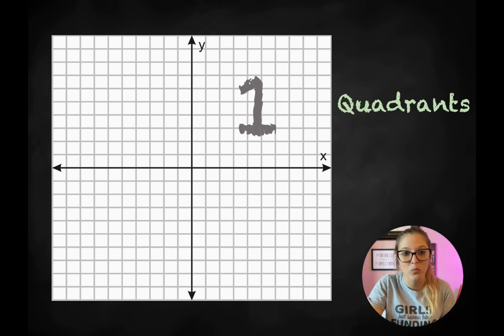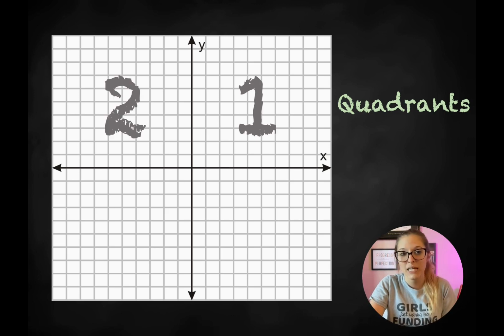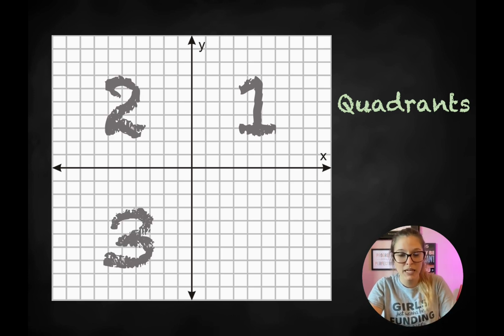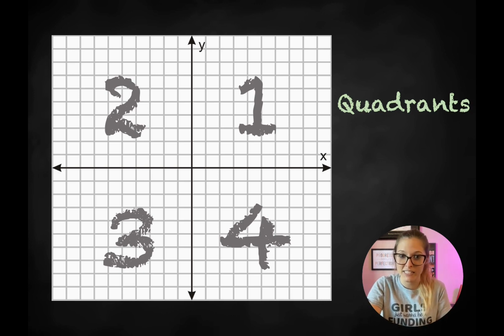So this top right portion we call quadrant 1, then to the left of that is quadrant 2, below that is quadrant 3, and to the right of that is quadrant 4. For example, I could tell someone to look at the part of a curve that lies in quadrant 4 and talk about its positive x and negative y values.